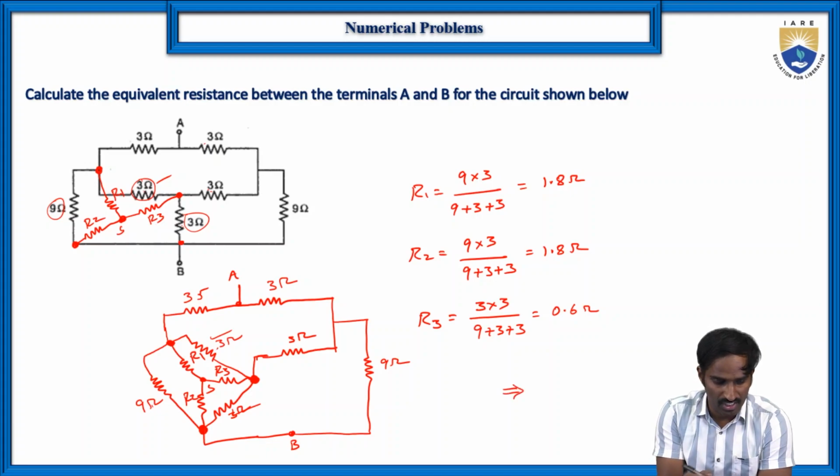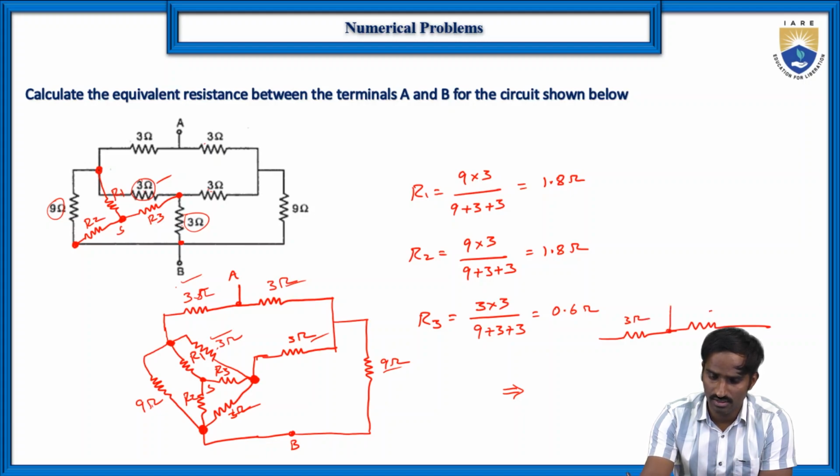Of course, before that, we are drawing the same values, because these 3 ohms, 3 ohms, 3 ohms, 3 ohms and the 9 ohms we didn't disturb. So I am just drawing it as it is. Here this is the 3 ohm, and again this is the 3 ohm, and in between these two 3 ohms resistors point A is there.